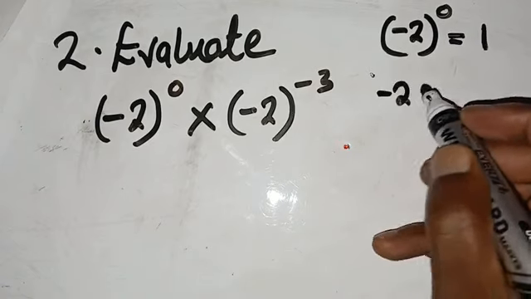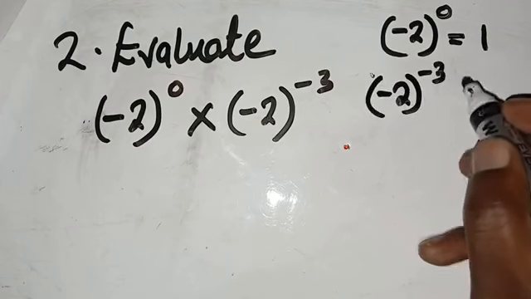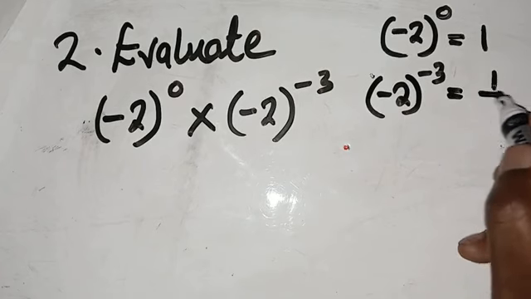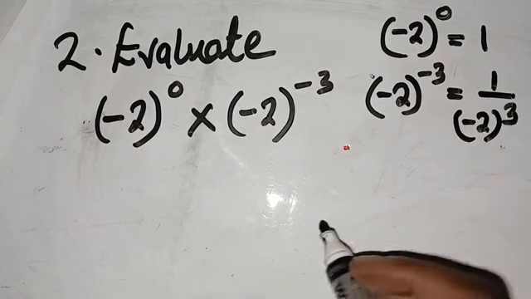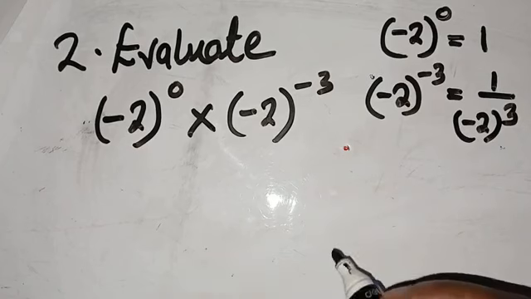Then -2, -3. This is going to be, remember, we need to put a 1 over, then now -2, and then 3, like this. Do you get that, ladies and gentlemen?